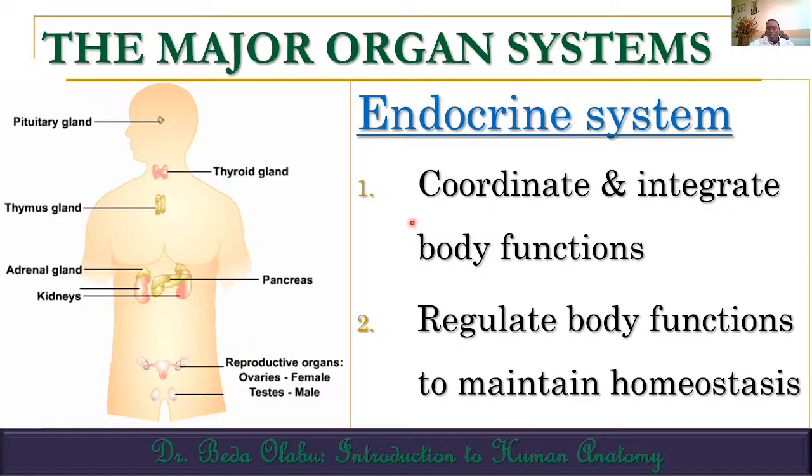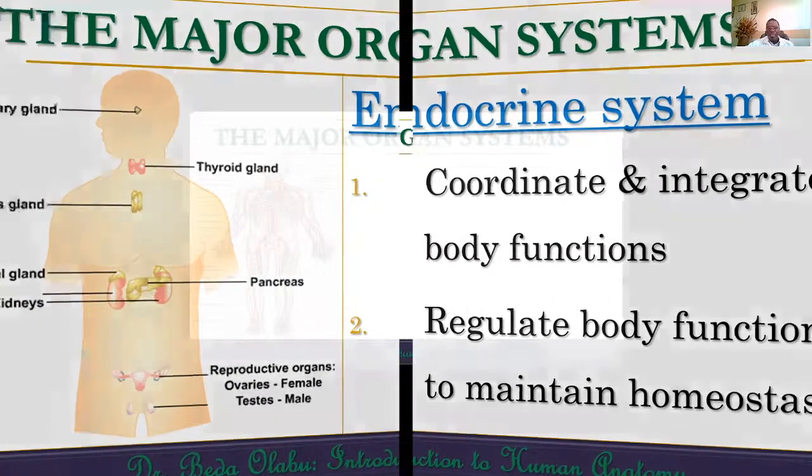The endocrine system and the nervous system are commonly called the integration systems for that purpose. Some people may just want to use the term neuroendocrine system, so that when you talk of the neuroendocrine system, we are referring to the nervous system as well as the endocrine system. In your list, we've now mentioned five, if you're counting well.